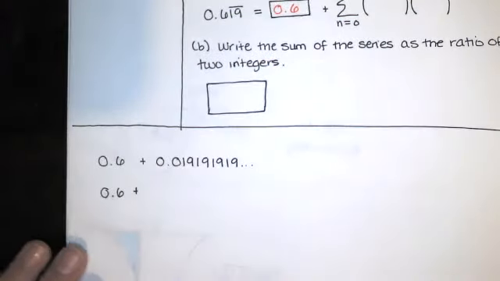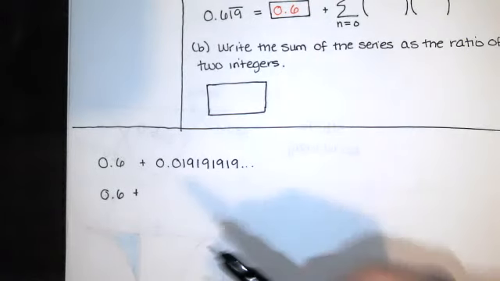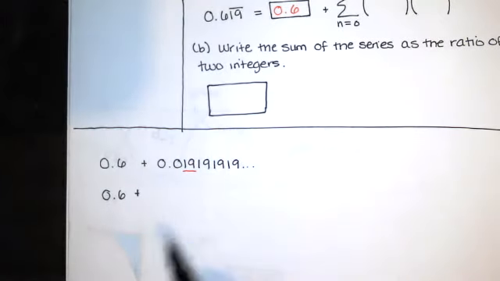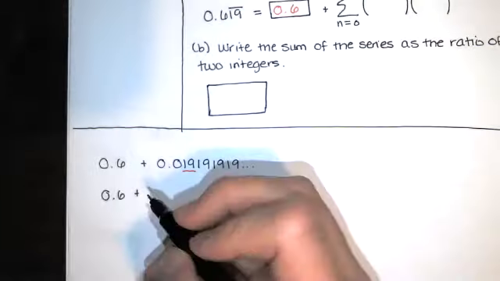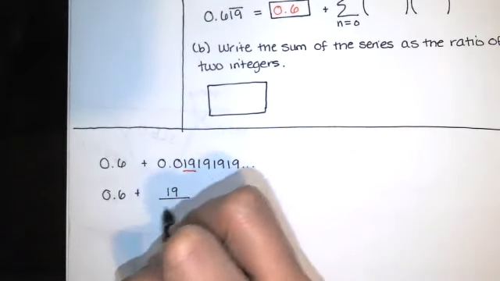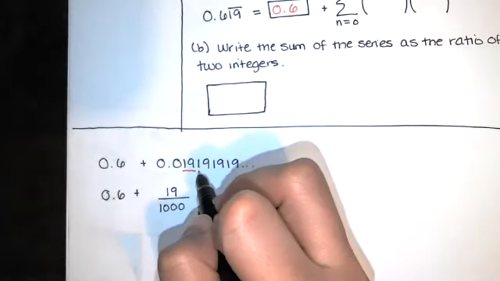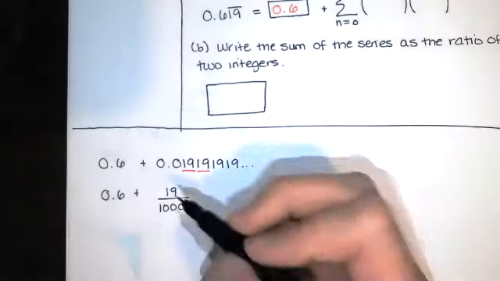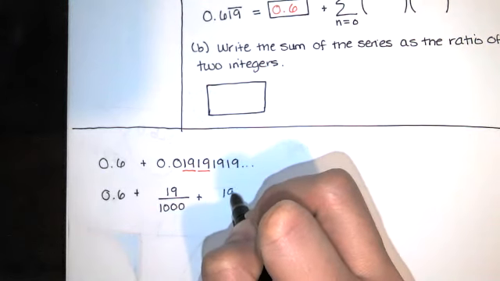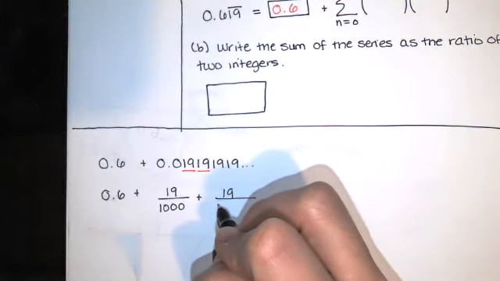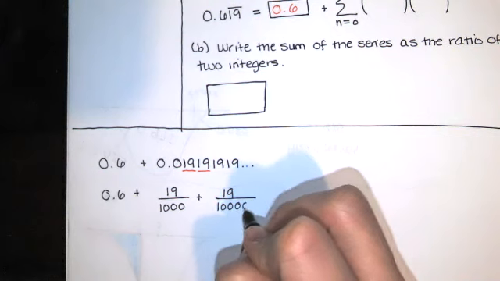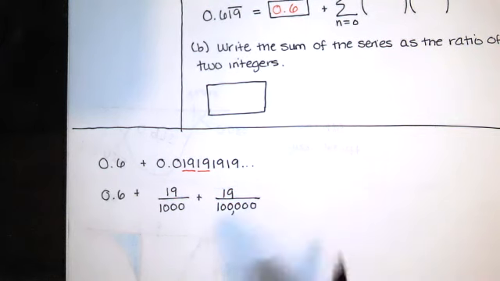And then this can be written as a geometric series because this 19 is in the thousandths place. So that represents 19 over 1,000. And this 19 is in the hundred thousandths place.